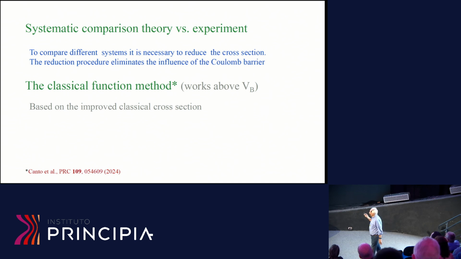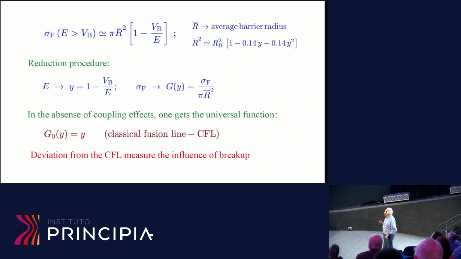But as we are concerned with the cross-section at above-barrier energy, which contains the dynamic effect of breakup, we will use another reducing method that we developed a couple of years ago. It is what we call the classical fusion function. What is an ideal reducing method?